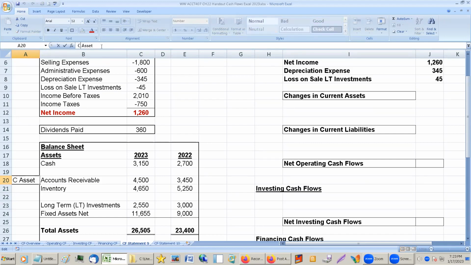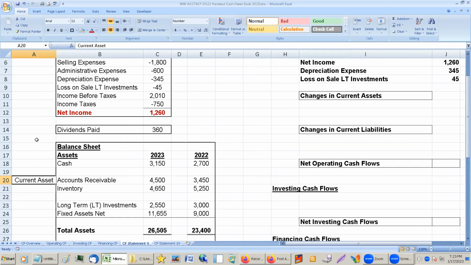Write that out completely. And we have to find the change in those two.